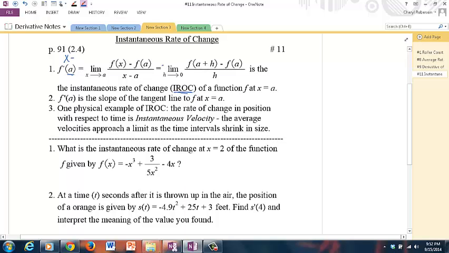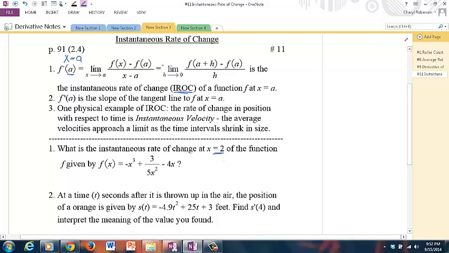And this is from our last video where we saw x is equal to a. We can interchange those values when we're given a particular value, like in number 1 here x is equal to 2, so that means that we need to find our derivative and substitute in the value of 2.